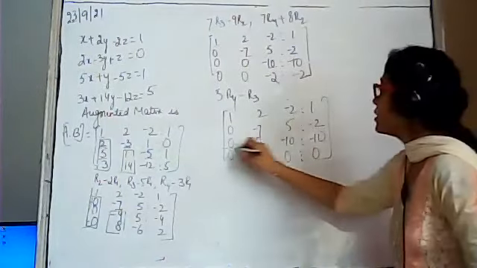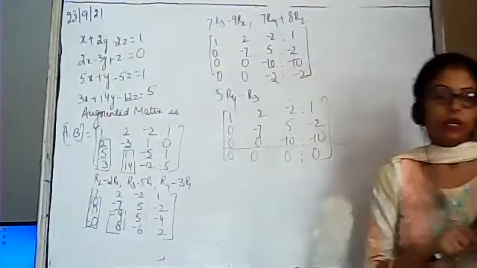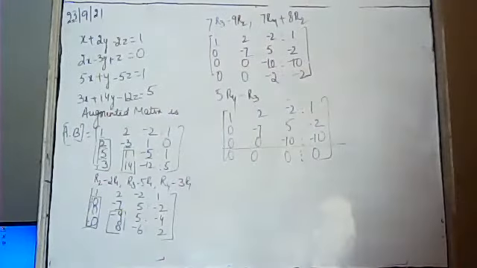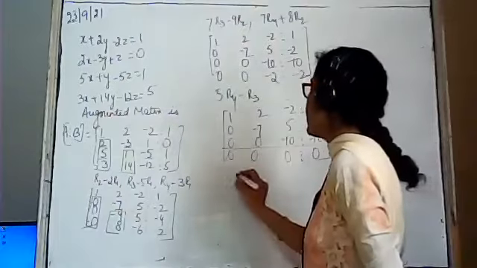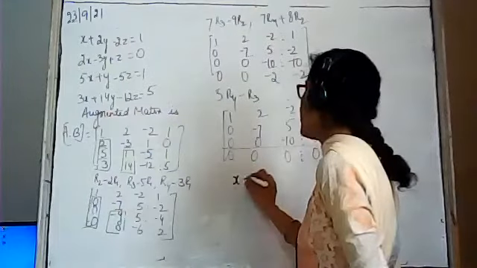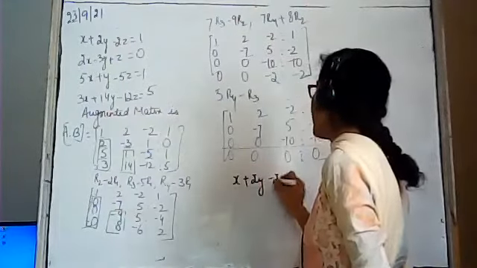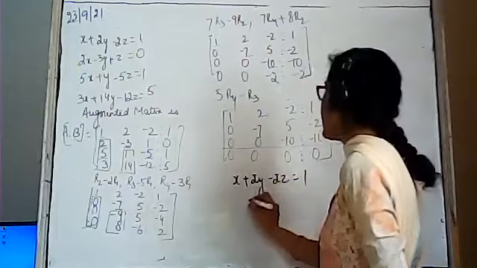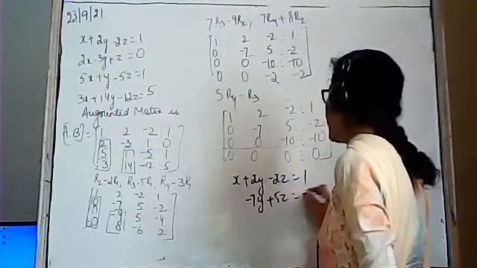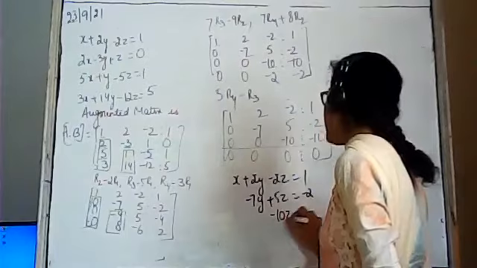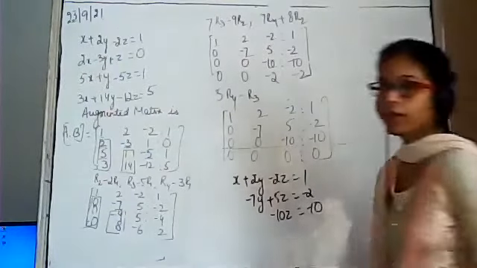Now, beta, look here, this term is again 0. The whole row is 0. But if we make the equation form again, it will be x plus 2y minus 2z is equal to 1, minus 7y plus 5z is equal to minus 2, and minus 10z is equal to minus 10.